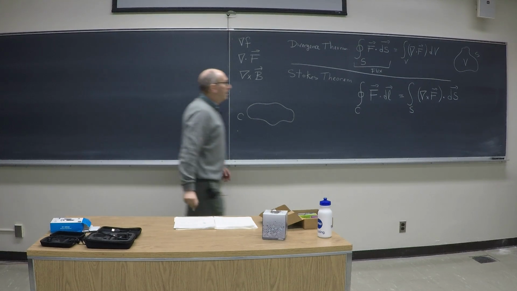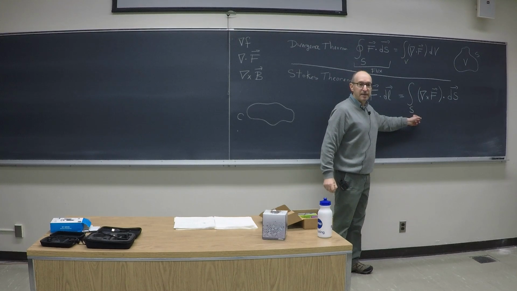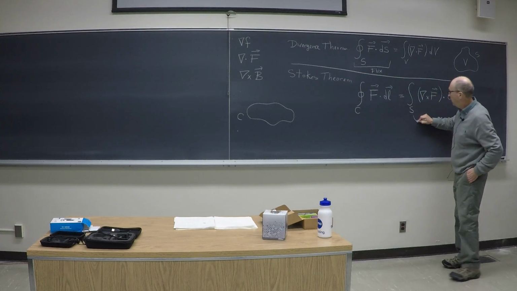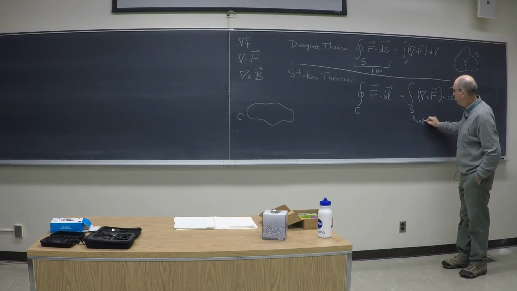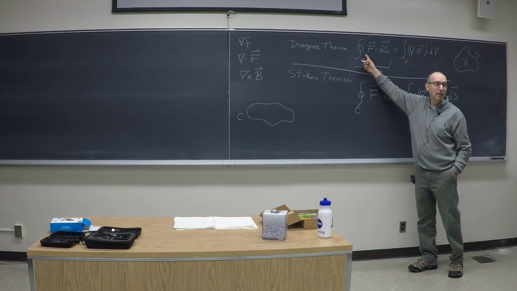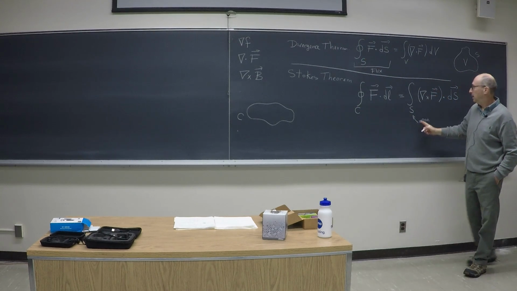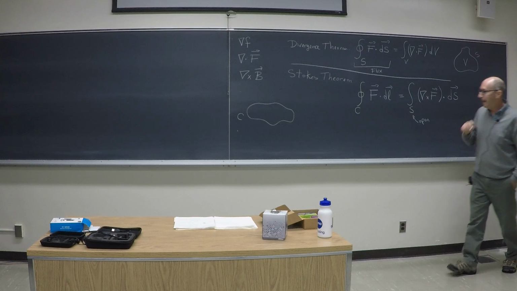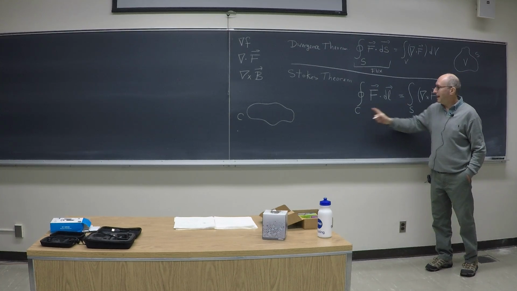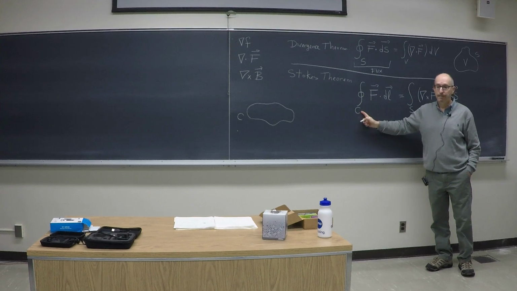And then S in this theorem is an open surface. This is in contrast with what we had in the divergence theorem. In this case, the surface is open, and that surface is such that it has C as a boundary.